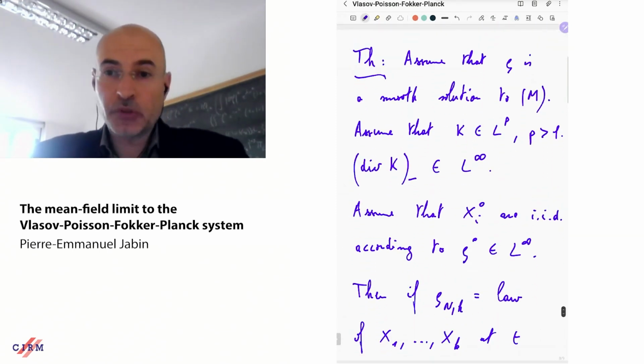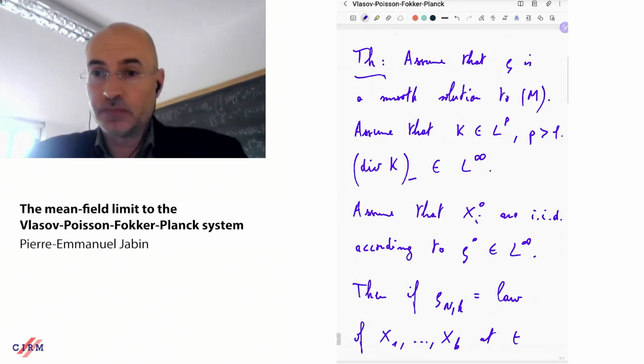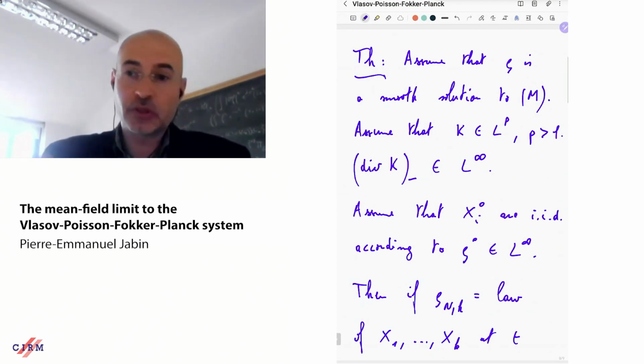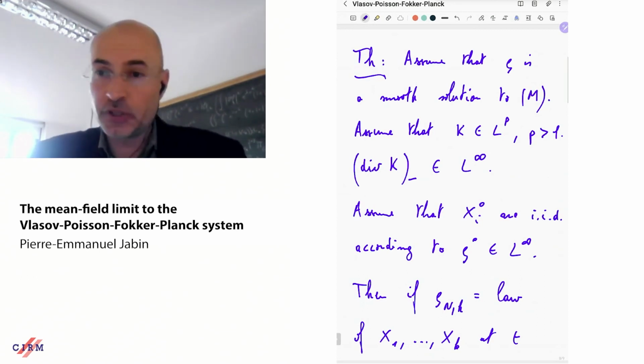So you see why I'm saying that in that case, it essentially always works. And you're going to have problems finding an interaction kernel that is not in L^p. And so the only big requirement here on the interaction kernel is this bound on the negative part of the divergence.